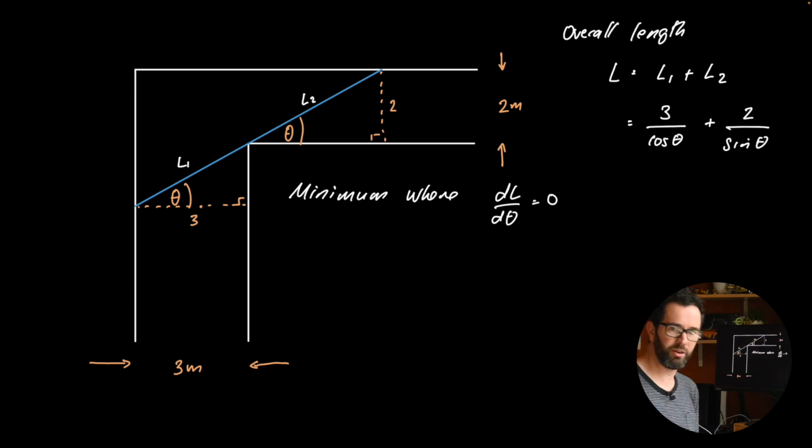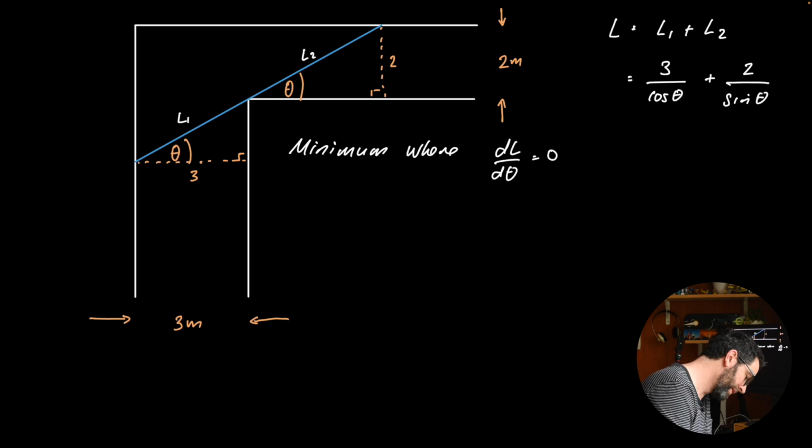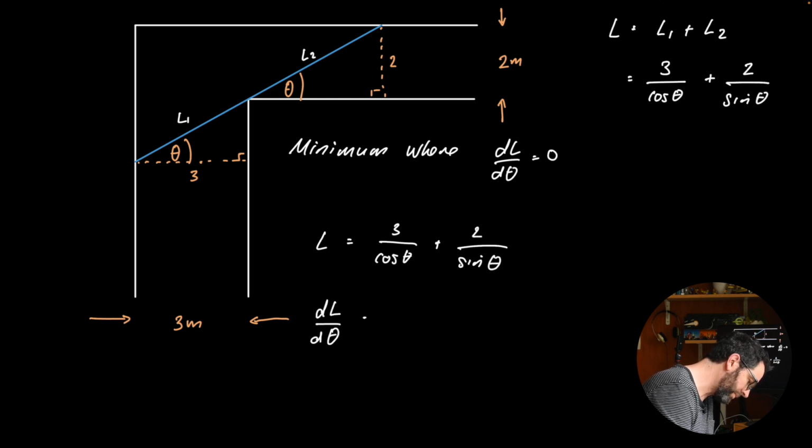All right, so now all we have to do is basically differentiate this and see what happens. So let's see. I'm just going to rewrite my equation here. So L is 3 over cosine theta plus 2 over sine theta. I'm going to need its derivative, so dL by d theta is going to be a couple of chain rules. So 1 over something goes to negative 1 over something squared.